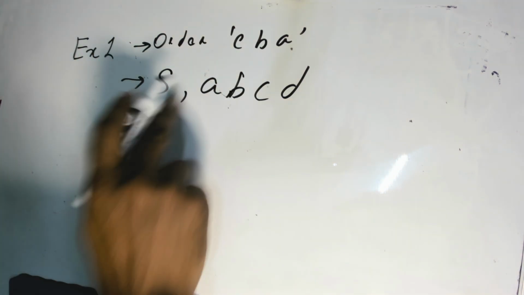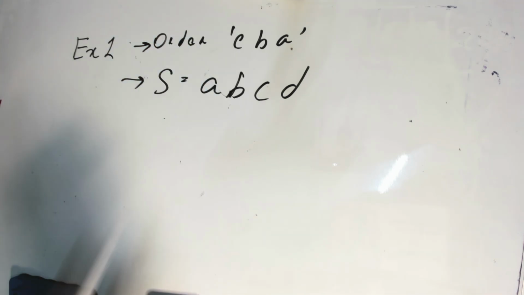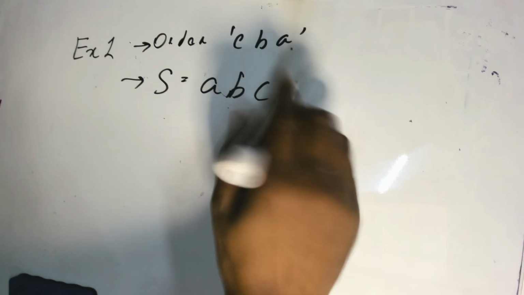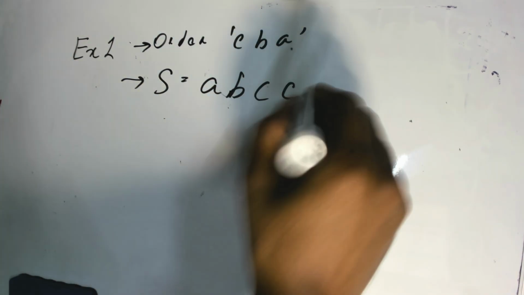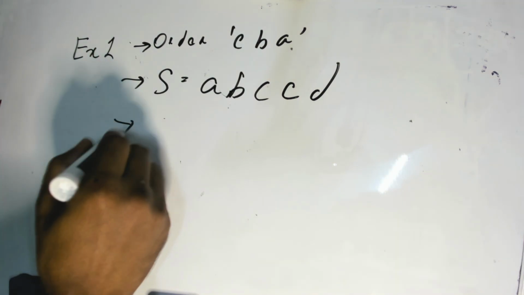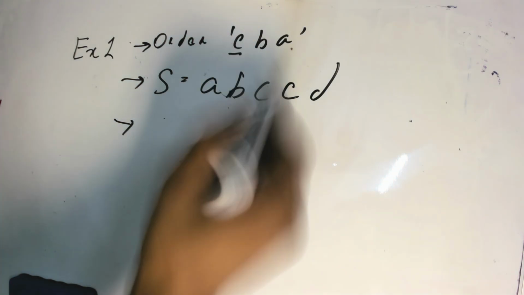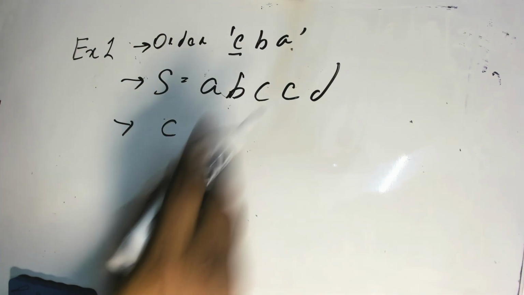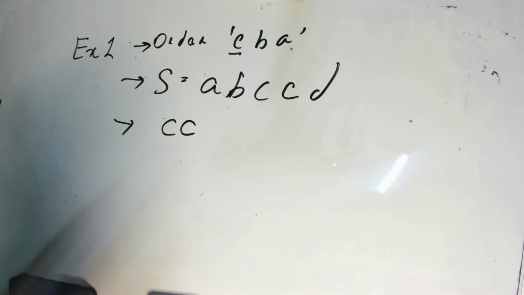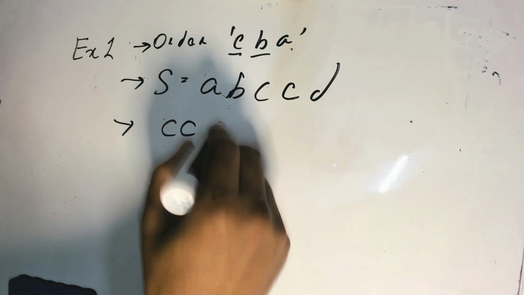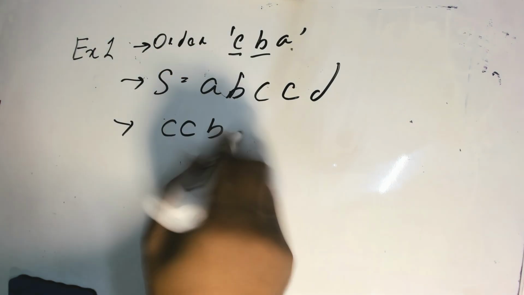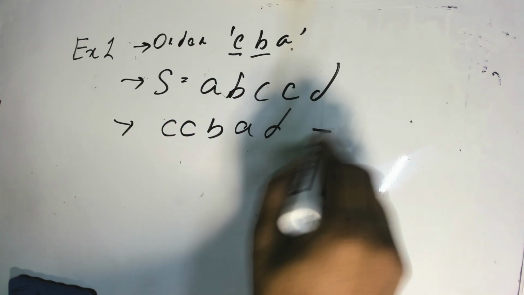Now let's make this string include our edge cases. Let's make two C's and one D. So our output should be C comes first, so we're gonna move C. There are two C's, so we should be doing 2C, and then B comes second, so we're gonna do B, then we're gonna do A and D. This should be our output.